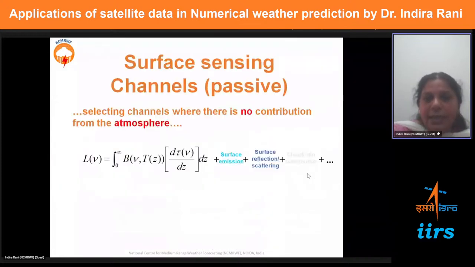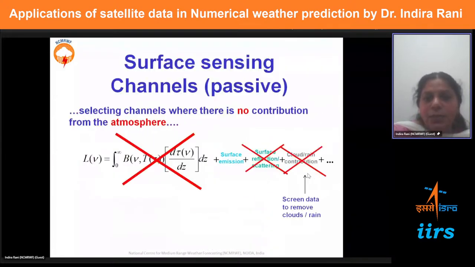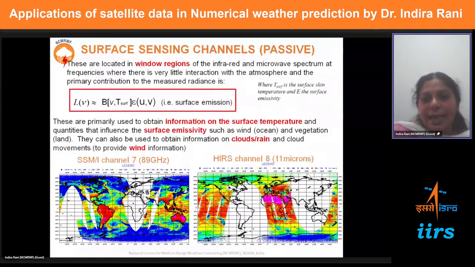Here in the surface sensing channels, you can see HIRS channel 8, that is 11 microns. So HIRS is one instrument having both atmospheric sounding channels and surface sensing channels.